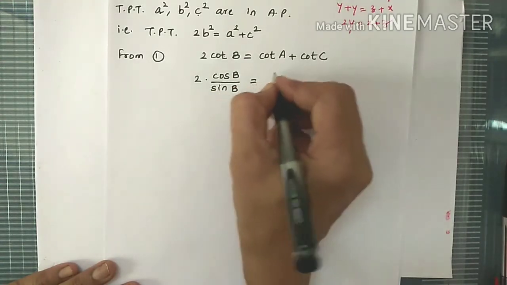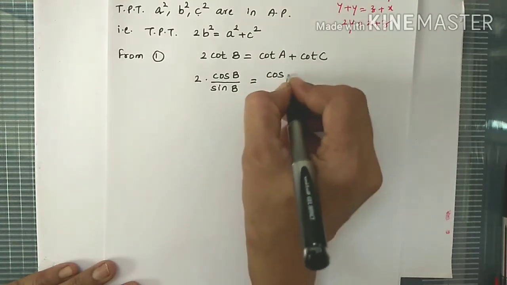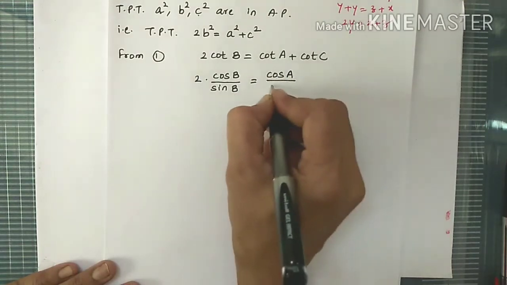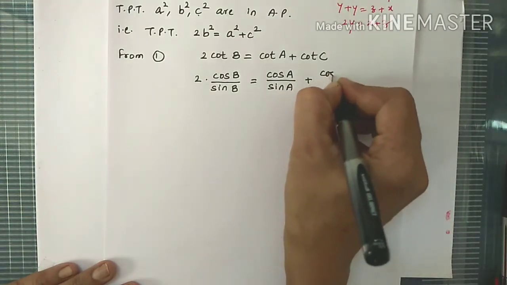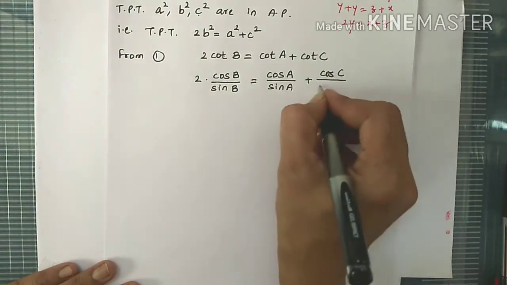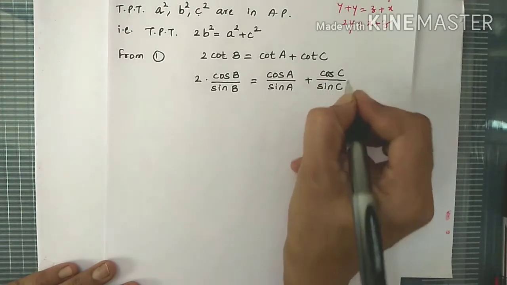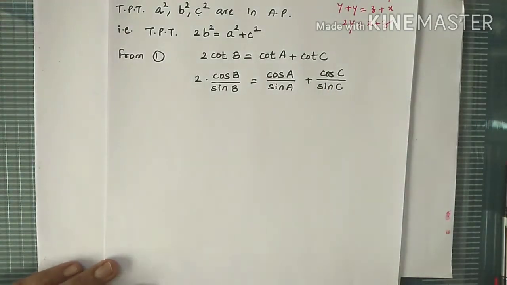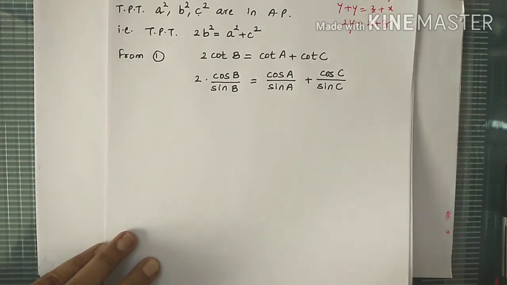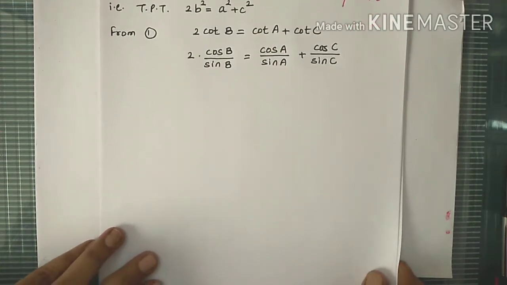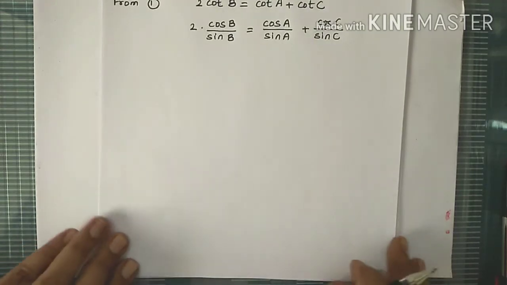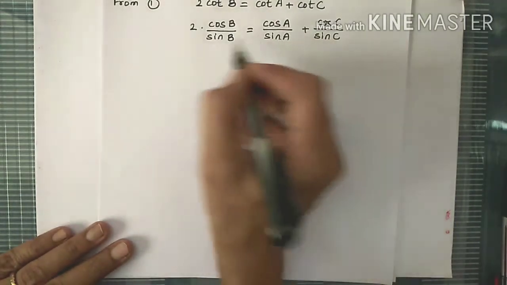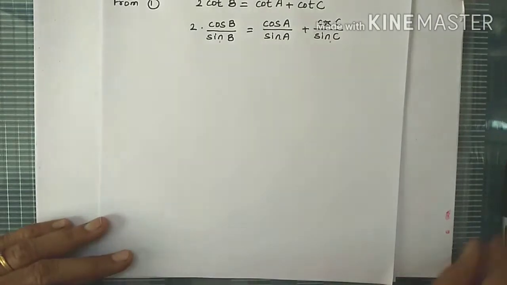So 2 cot of B, that is cos of B divided by sin of B, equal to cot A, that is cos A upon sin A, plus cot C, that is cos of C upon sin C. Now you are familiar with how to convert these terms into small letter terms. For cos A, cos B and cos C we have the cosine rule, and for sin A, sin B and sin C we write those as a by k, b by k and c by k using the sine rule.